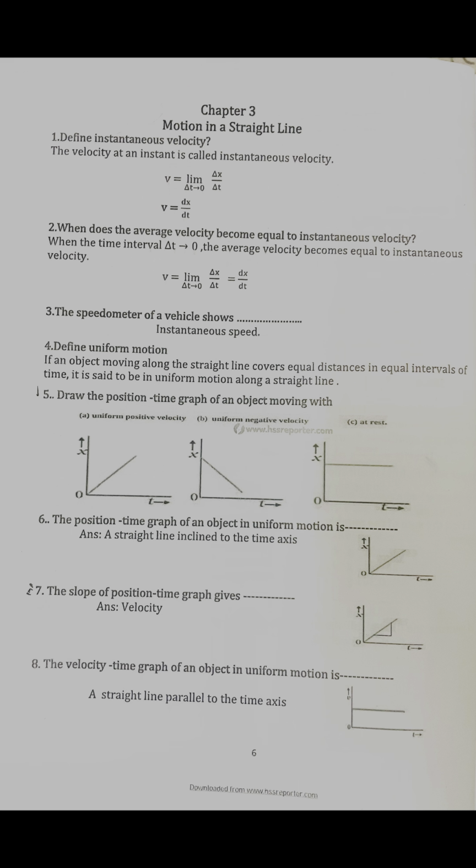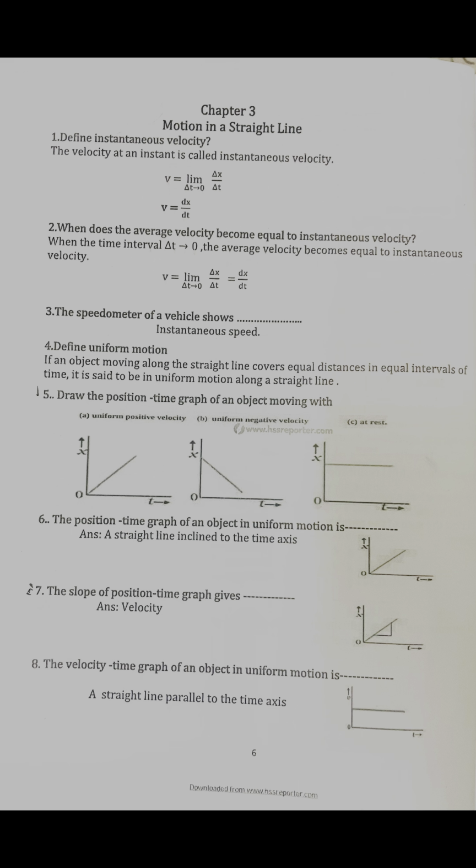The slope of a position time graph gives velocity. When we draw a position time graph, we get an inclined line, and if we take that line's slope, we get velocity. So the slope of the position time graph gives velocity.